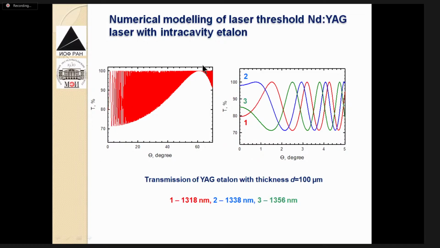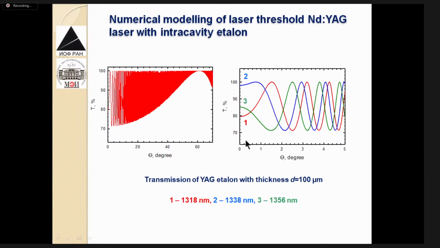At the angle of about 61 degrees, we have the Brewster angle for YAG material, so the reflectivity is 0, but there is no selectivity. That's why this angle is not interesting for us.